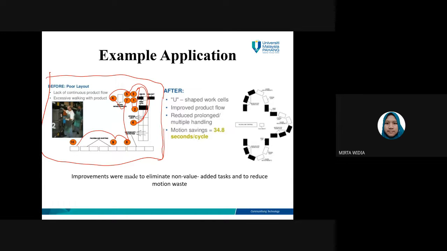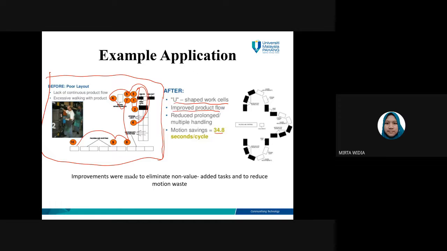After they do the ergonomics improvement, they use the U-shaped work cells here. Okay, so it improve the product flow. Reduce the prolonged or multiple handling, reduce the walking motion. So the motion saving is about 34.8 seconds per cycle. Yeah.